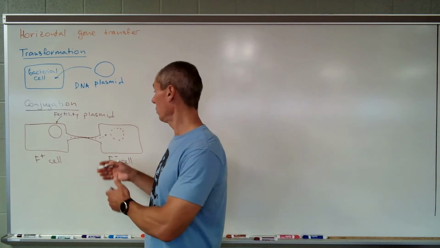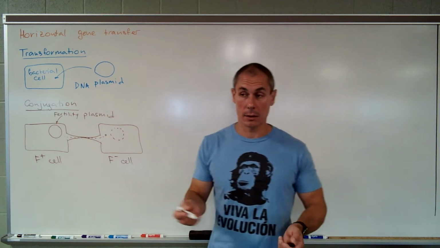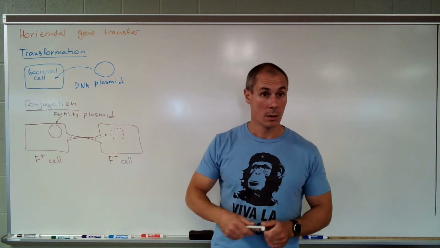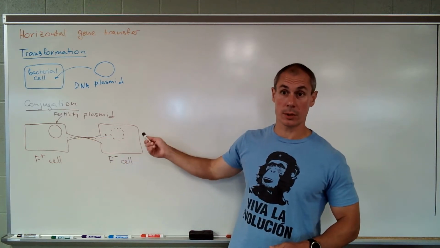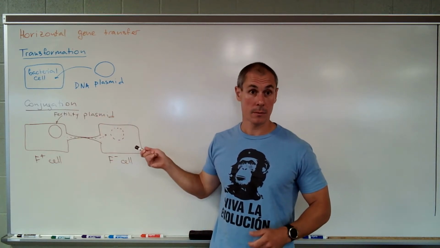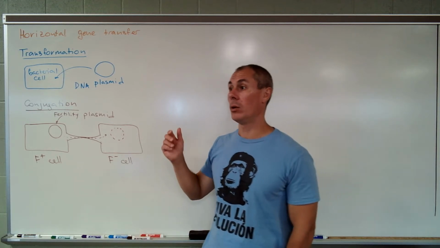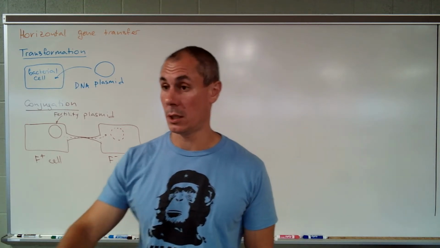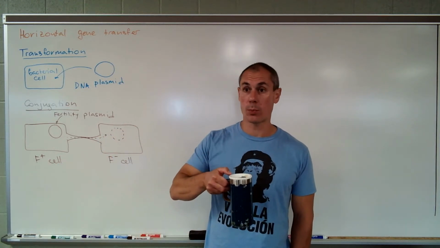You have two F plus cells. It's like a zombie movie. Zombie bites a healthy person, you have two zombies in the end. Make sense? Same story. Antibiotic resistance genes on the fertility plasmids are a huge concern because they will spread really quickly through the population.